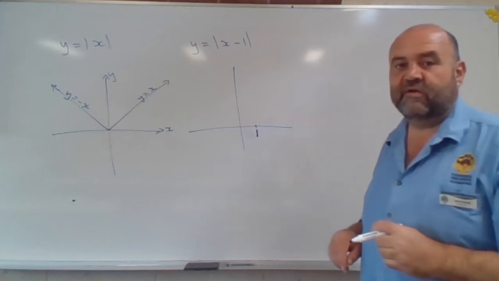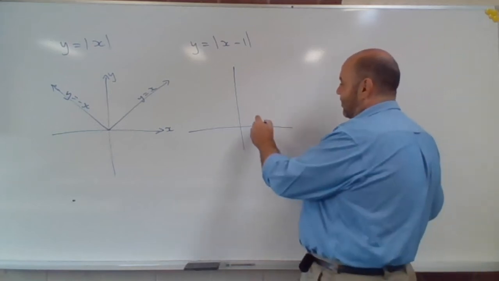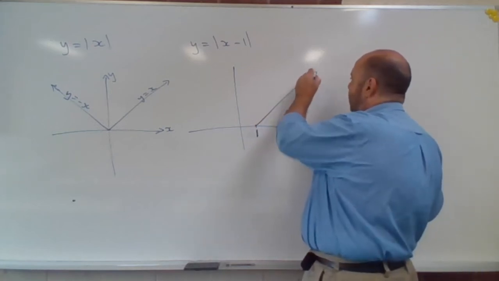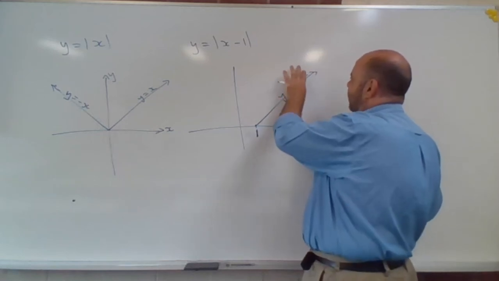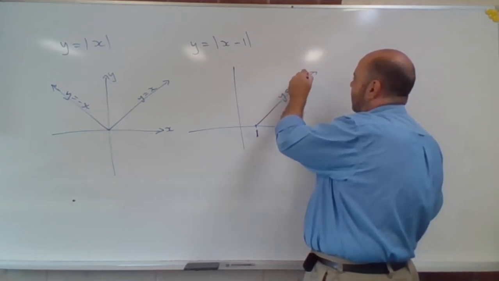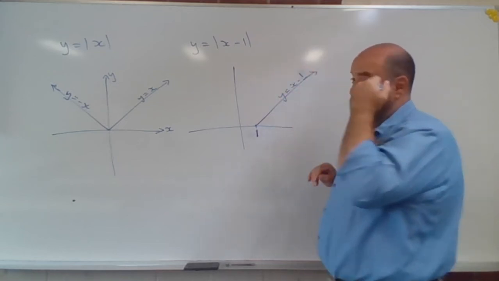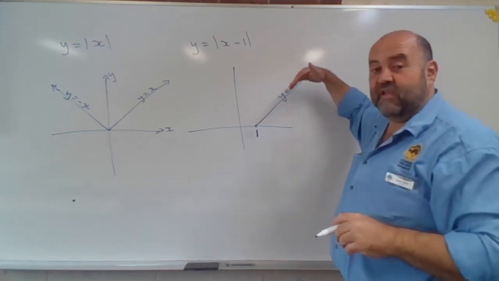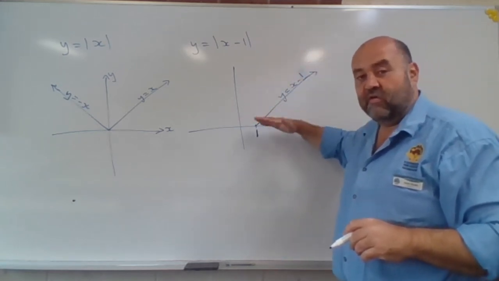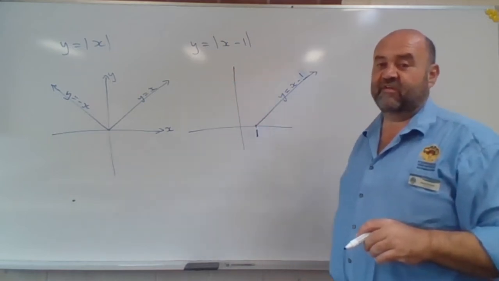There's our line, y equals x minus 1. Again, the absolute value stops us from being negative. It bounces off and then turns us up to be positive.